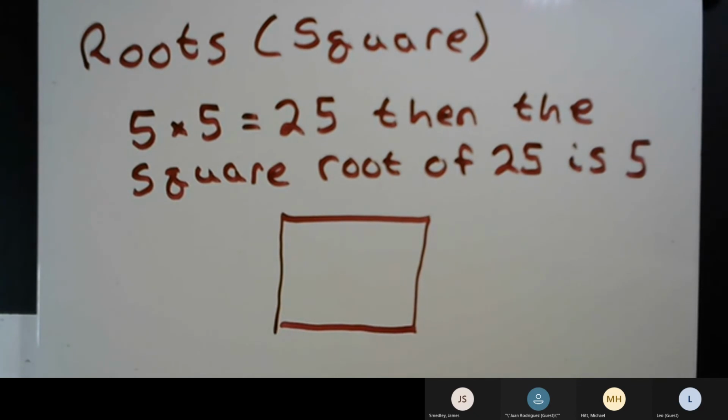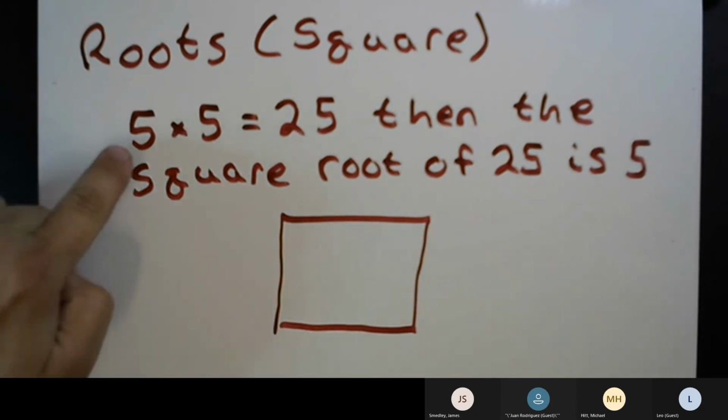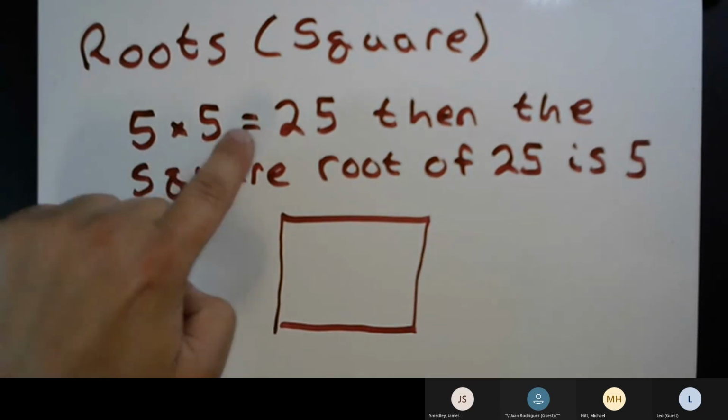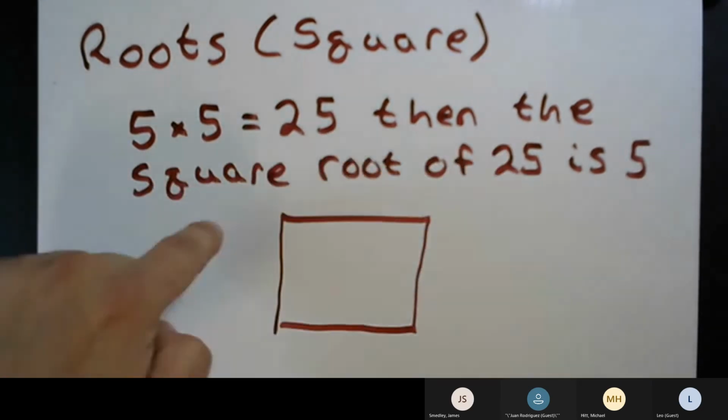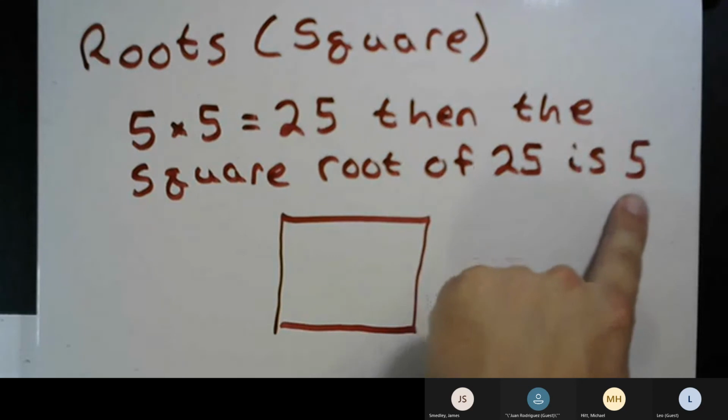So that's the whole idea. Because 5 times 5, a number times itself gives you 25, then the square root of 25 is that number.